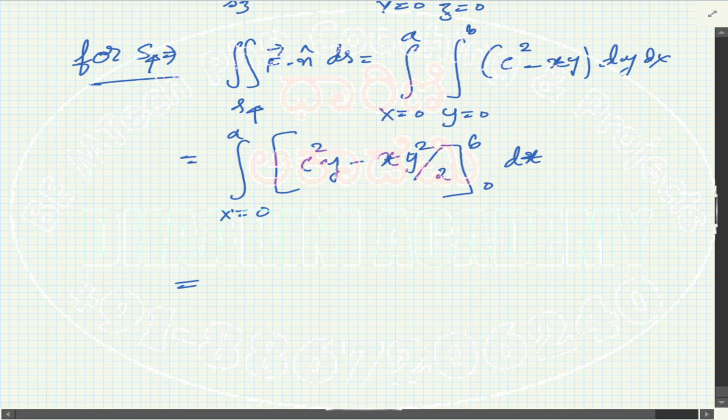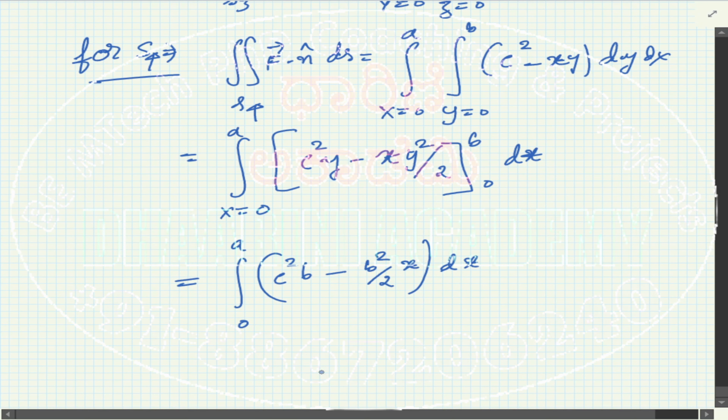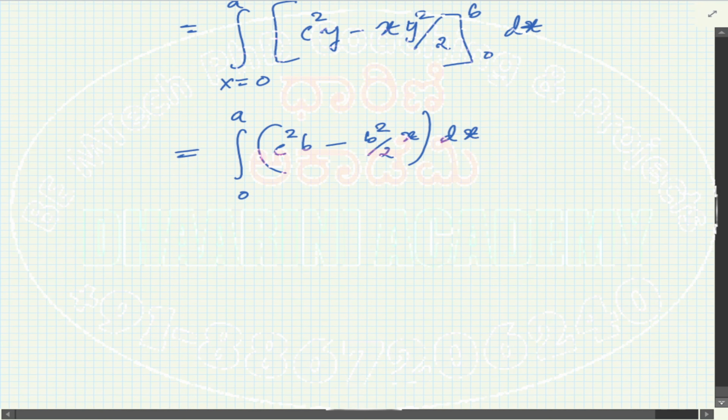Okay. Now this is equal to integral 0 to a, c square b minus b square by 2 into x dx. So as a result, now we are going to do the integration with respect to x.